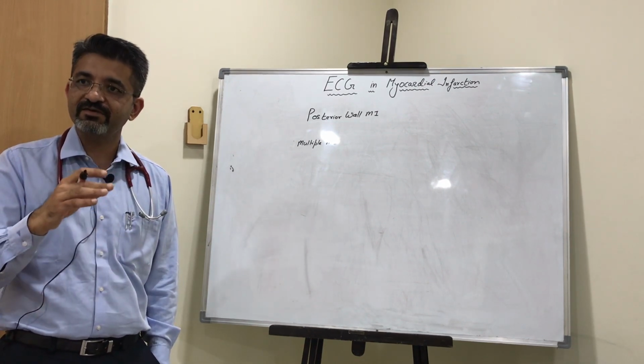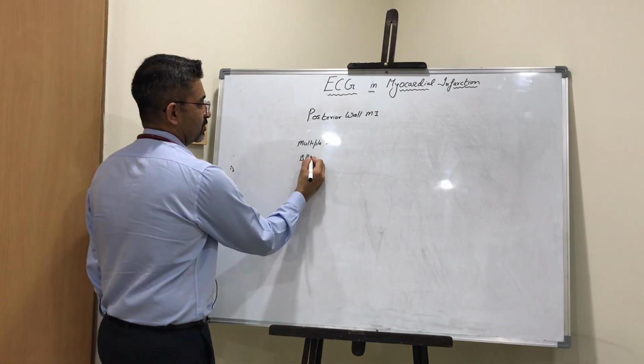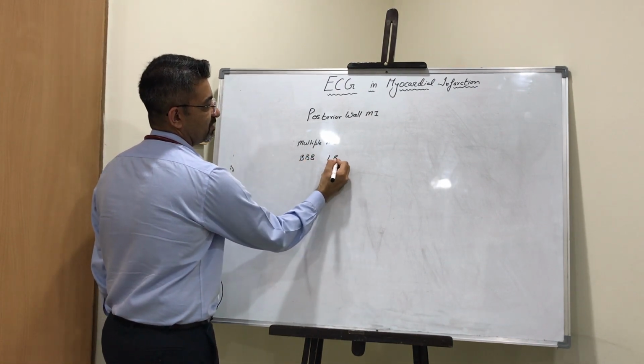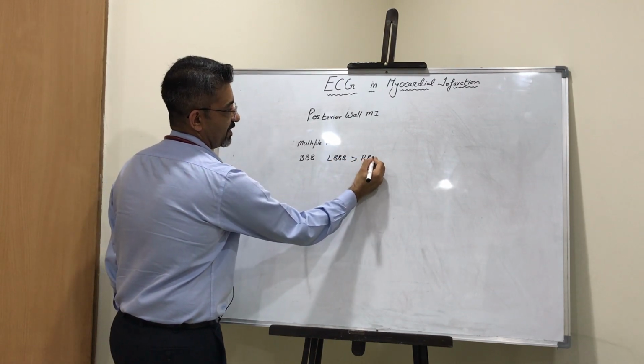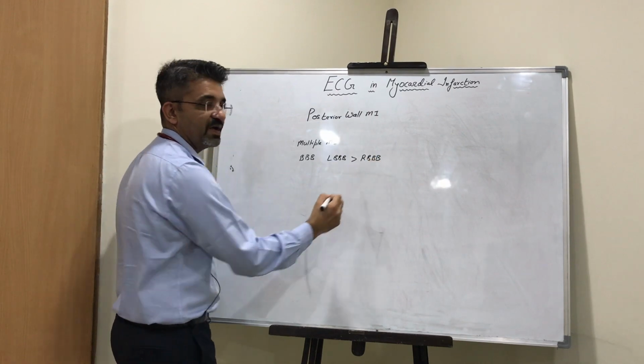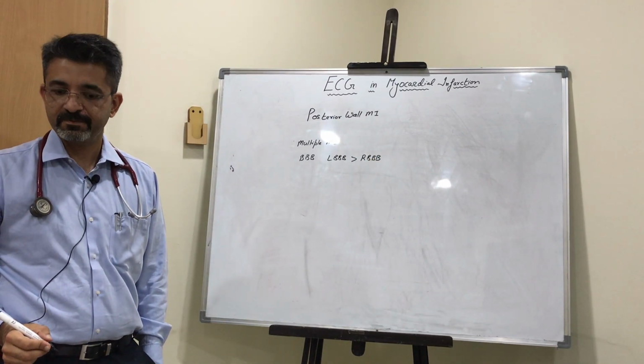So it's a grave sign. If you have bundle branch blocks, so if you have LBBB, the LBBB pattern is a bad prognosis in MI as compared to right bundle branch block, right?